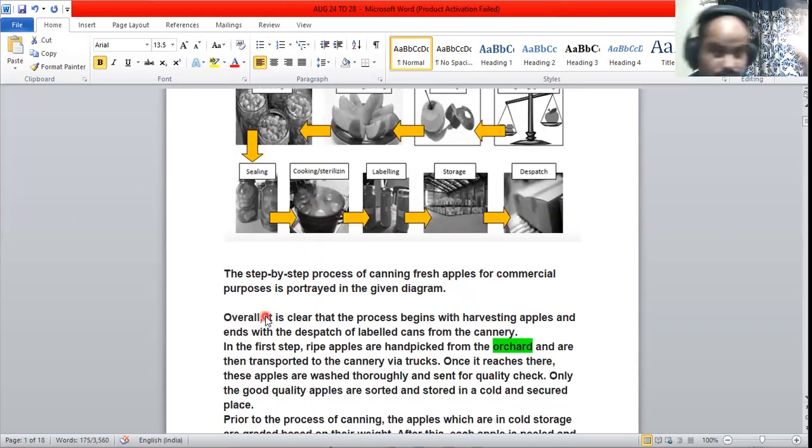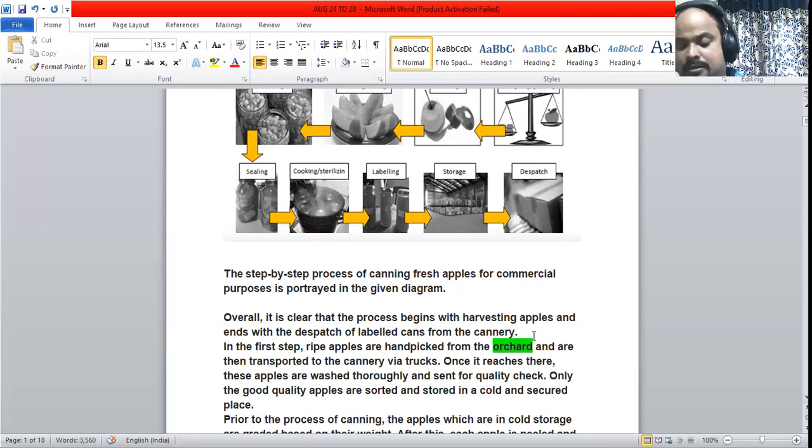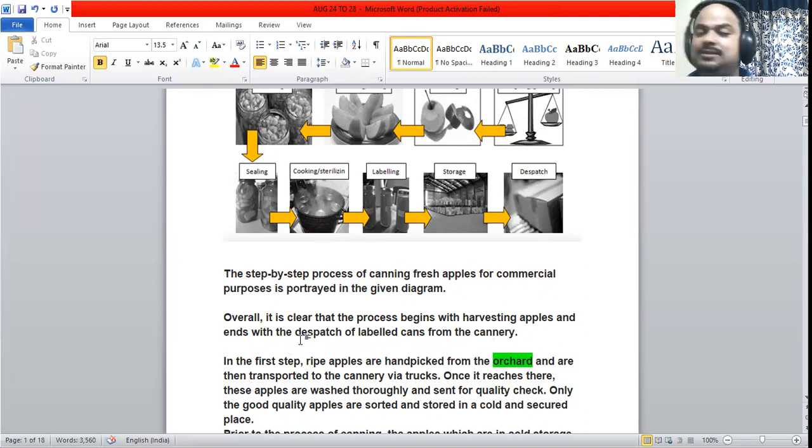Overall, it is clear that the process begins with harvesting apples and ends with the dispatch of labeled cans from the cannery. So what do you mean by cannery? The area where fruits or vegetables are canned, like a factory, we call it a cannery.